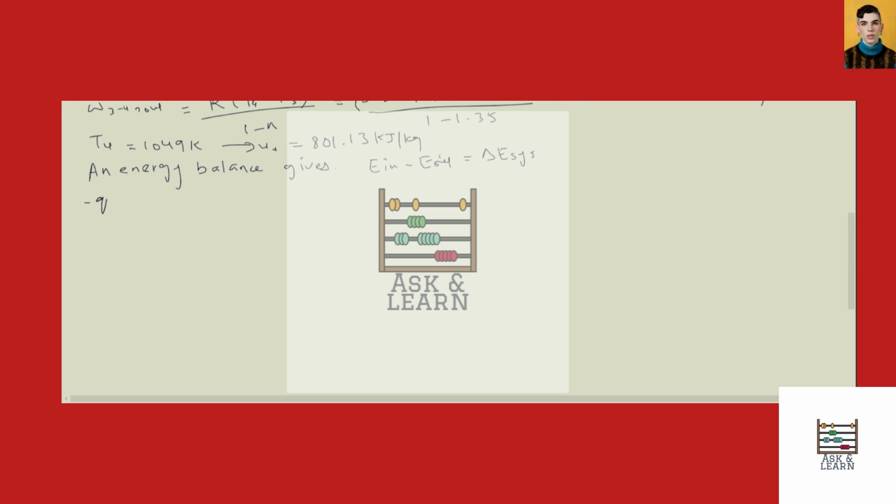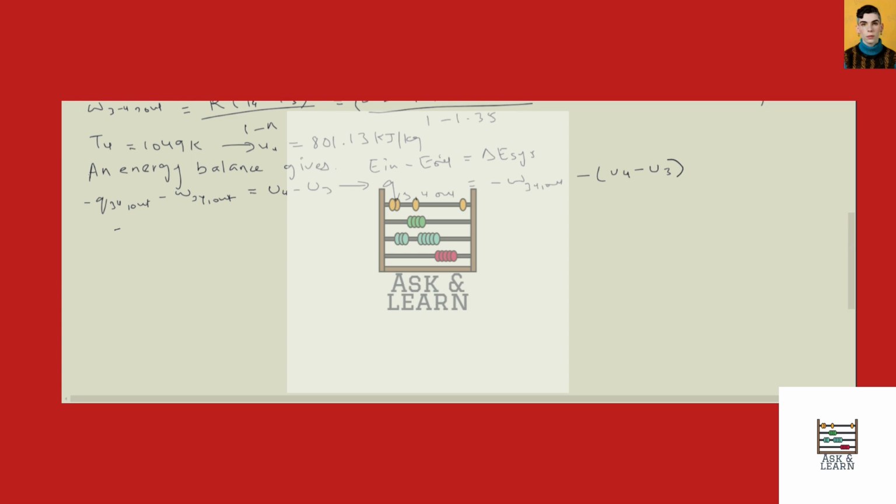That is, in the process 3 to 4, outward heat minus outward work done is equal to U4 minus U3, so Q3-4 out is equal to minus W3-4 out minus (U4 minus U3).